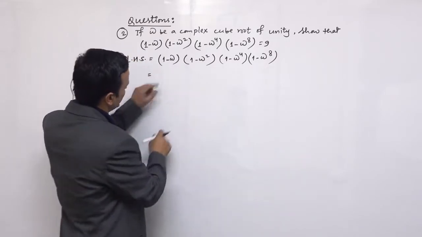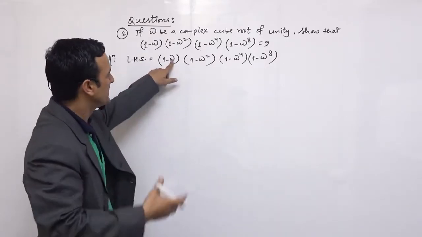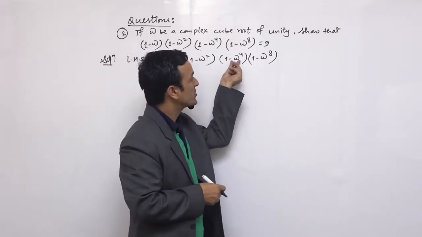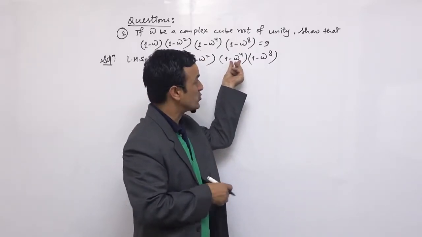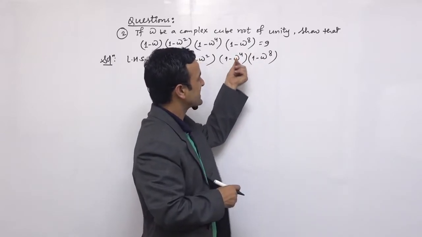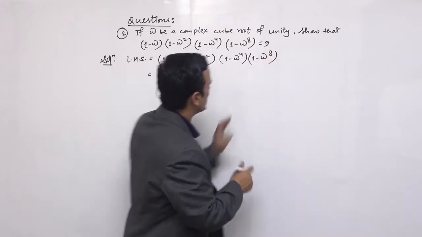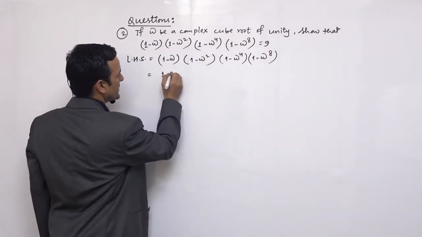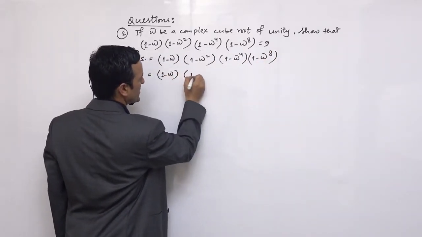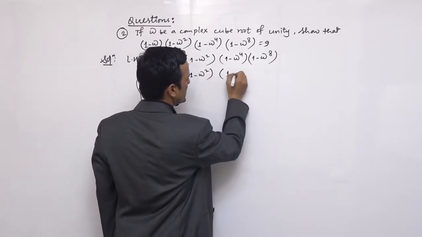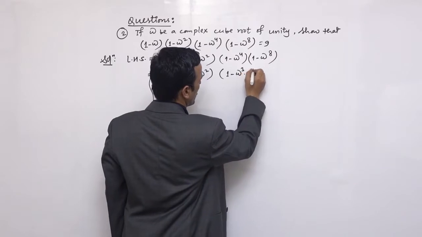We can see here is not omega cube, here is not omega cube, but here is omega cube. So convert this omega into omega cube. Power 4 means omega cube is contained over here, so omega cube also here. If there is no omega cube, it remains the same, so just copy it. So omega cube into omega.